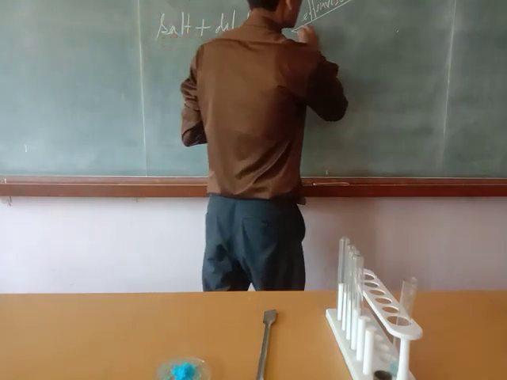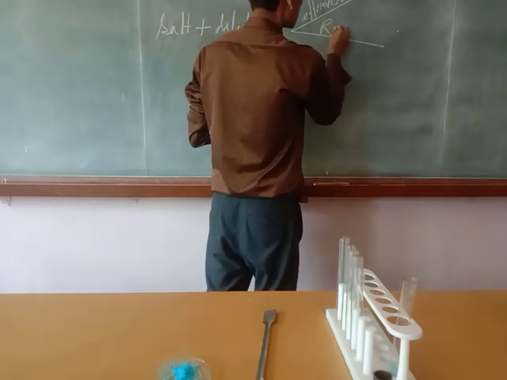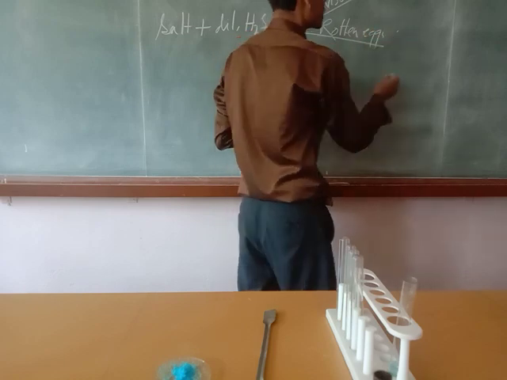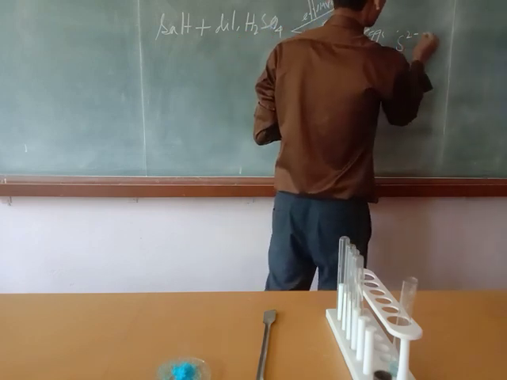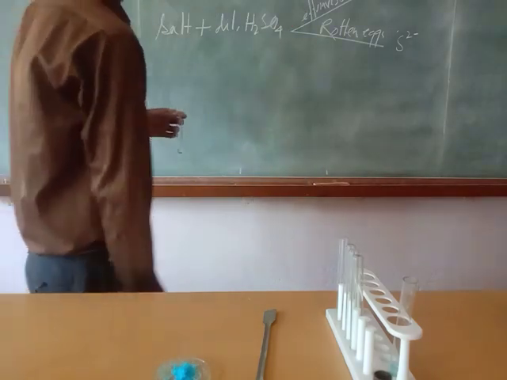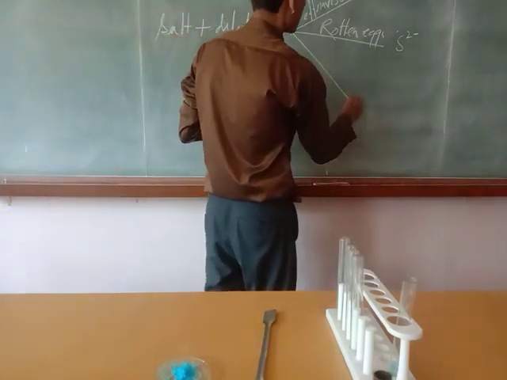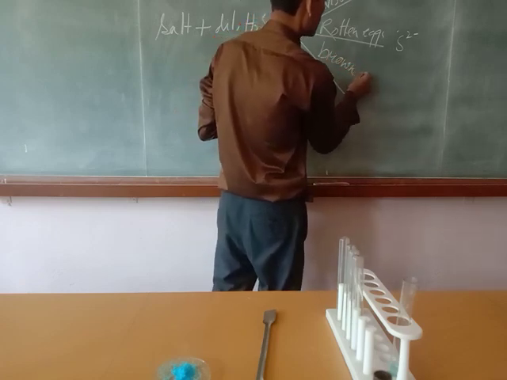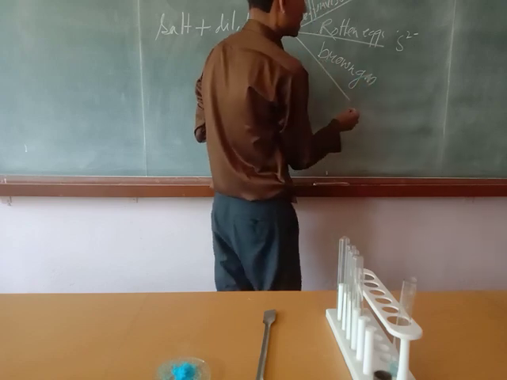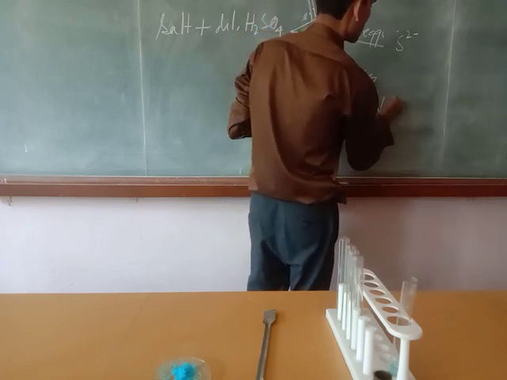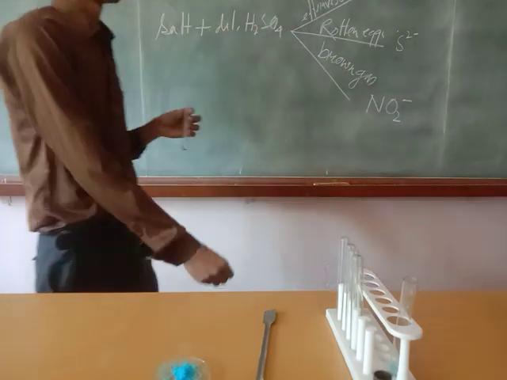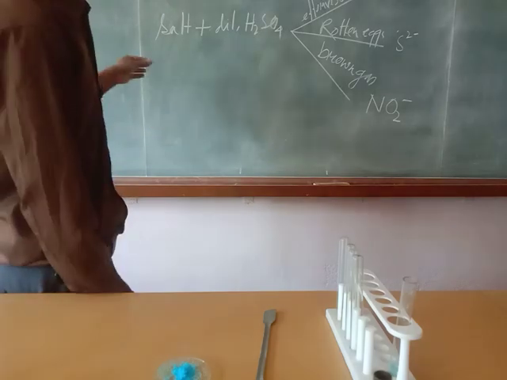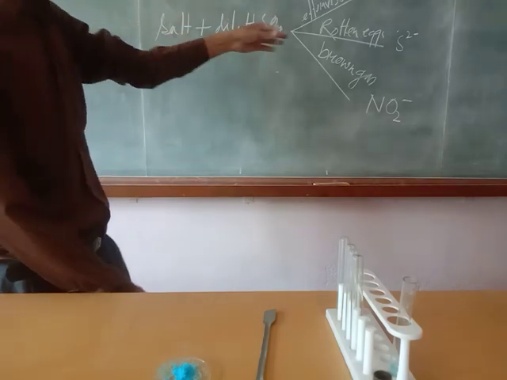If you observe smell of rotten egg, then it indicates sulfide ions. If you observe brown gases, then it indicates nitrite, NO2 negative. So there is no observation in dilute sulfuric acid.